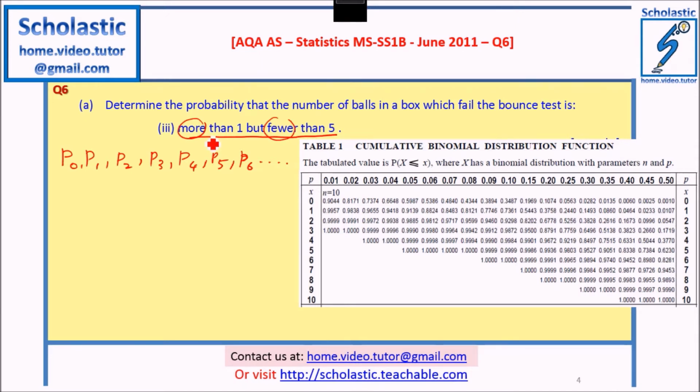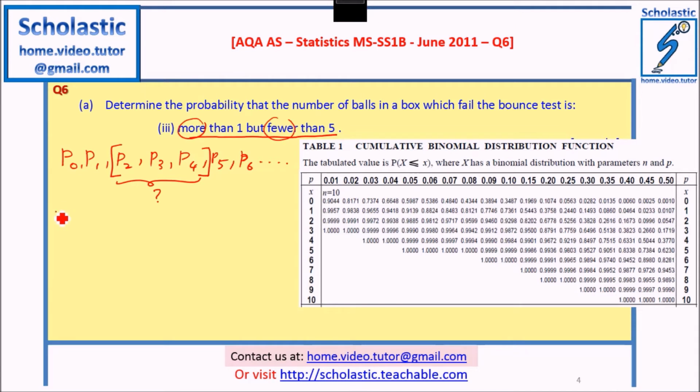So more than 1, that means P1 should not be included. P2 up to P3, P4, and fewer than 5, so P5 should not be included. That means what they are interested in is P2, P3, P4 only. We need to get rid of P5 onwards and P1 downwards.